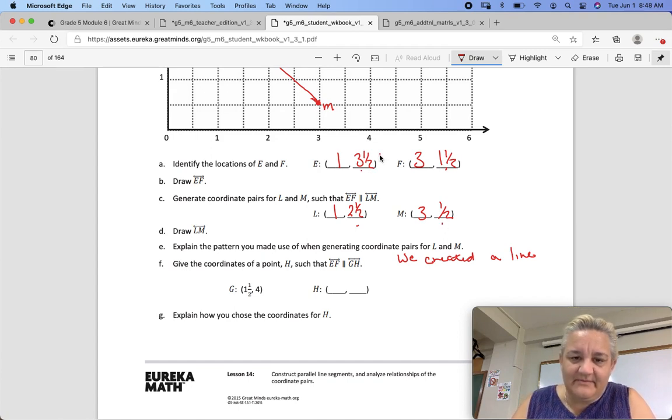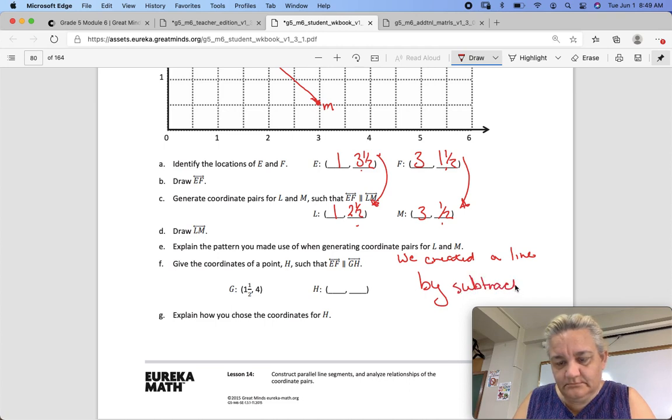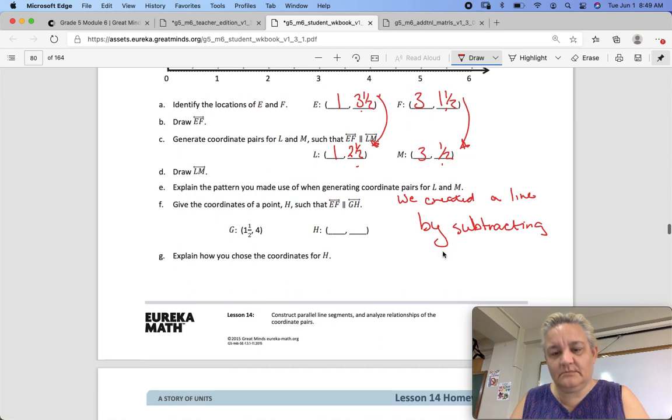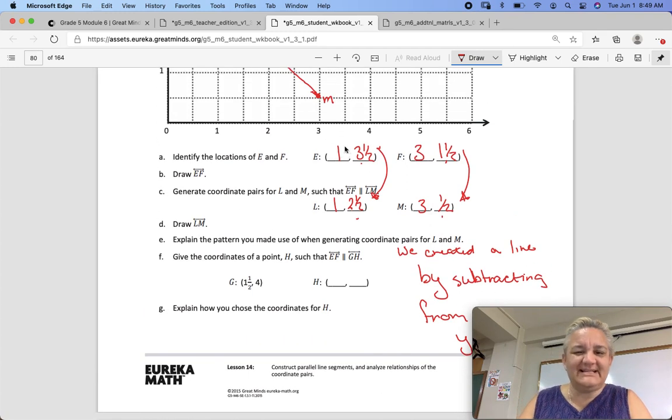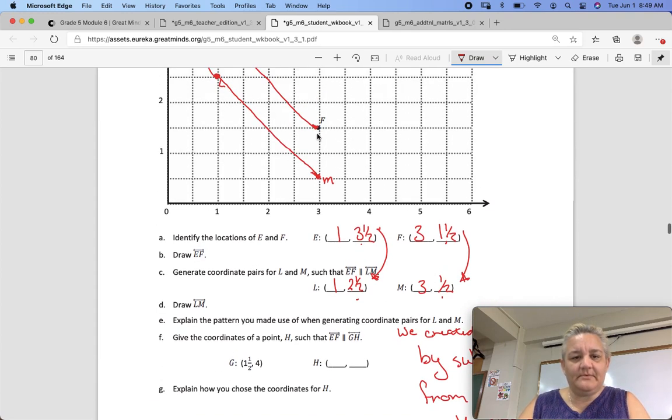So did you see how we went from here to here and then here to here? We created a line by subtracting from the y coordinate. Because the x coordinate stayed the same, didn't it?